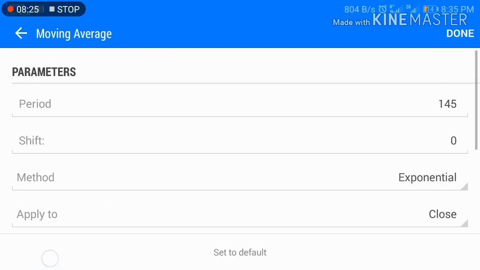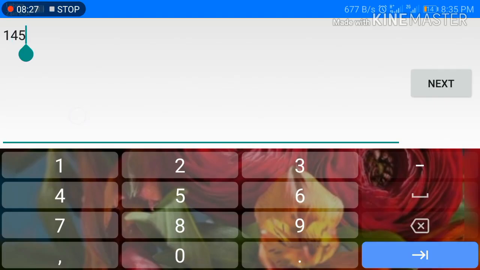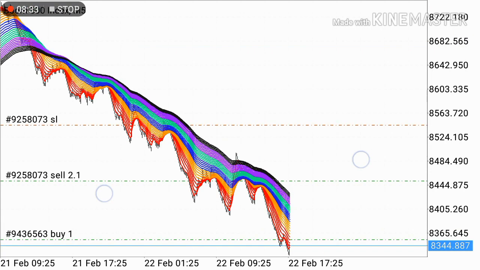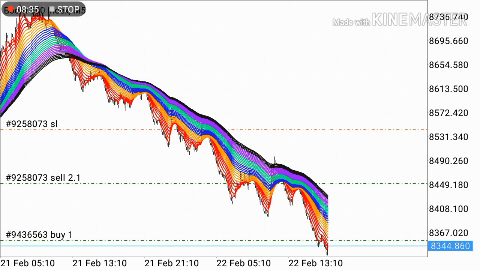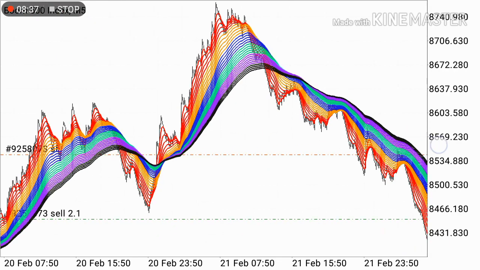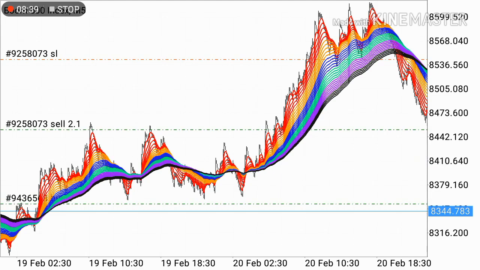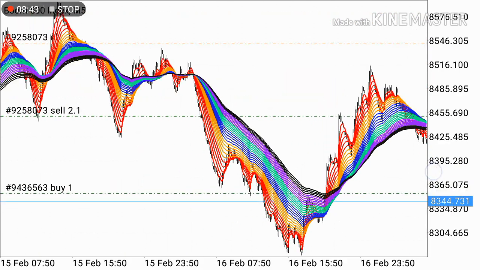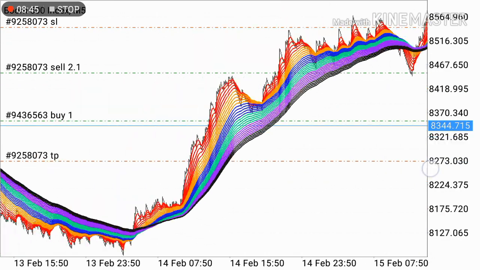Moving average, last one, 150 and done. Our strategy is ready for trade. Very awesome, accurate and good results strategy.